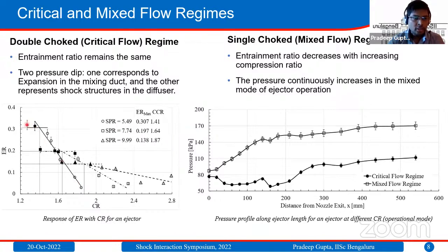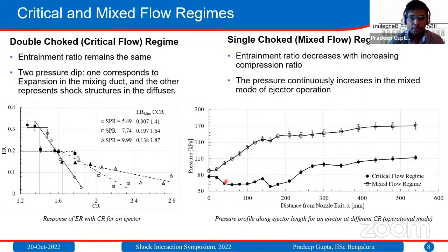This is the characteristic of the critical flow region, and this decrease in entrainment ratio is characteristic of the mixed mode operation. So due to the consistent performance in the critical mode, we focused this study on the critical mode operation, and we looked at the shock structure present in the diffuser section.